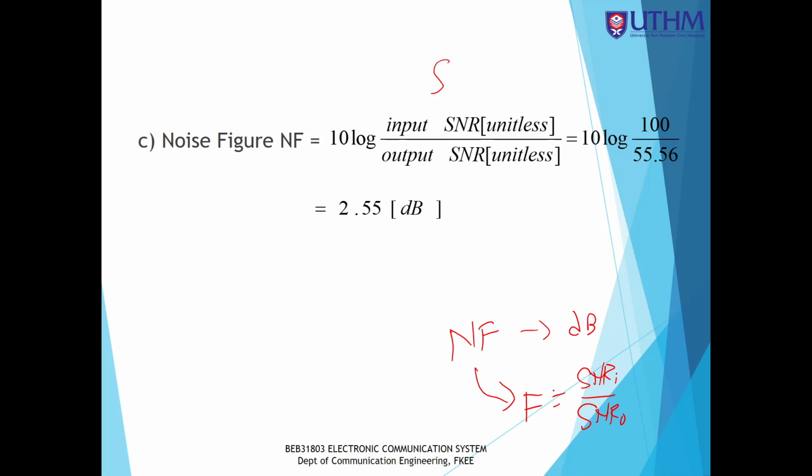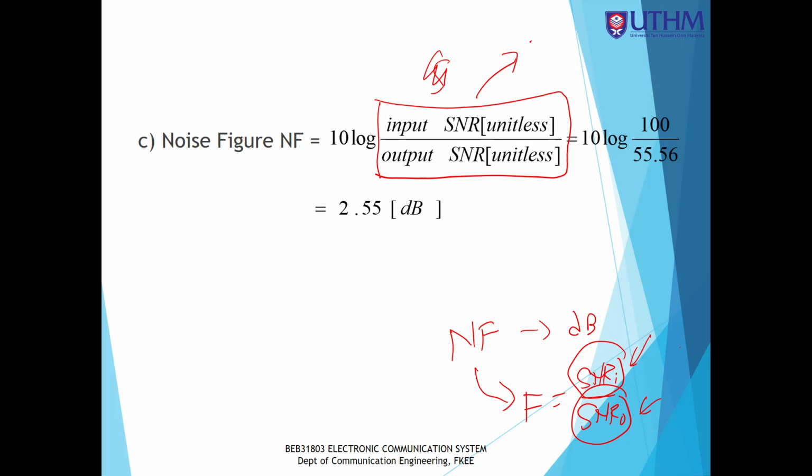Remember that SNR dalam case ini mestilah unitless. You tak boleh bagi SNR dB dengan dB tak boleh. Dalam case ini you kena bahagikan dalam sebutan unitless. Noise figure adalah 10 log F, dan F ini adalah the noise factor.